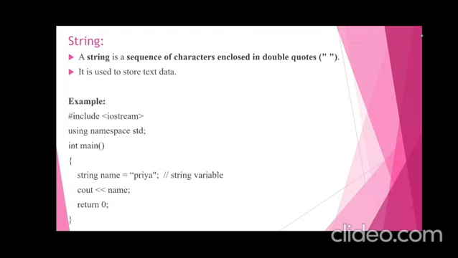Inside the main function, a string variable name is declared and initialized with the value Priya. The statement cout << name is used to display the value of the string on the screen. Finally, return 0 indicates the successful execution of the program. This example shows how strings are used to store and display text data in C++.